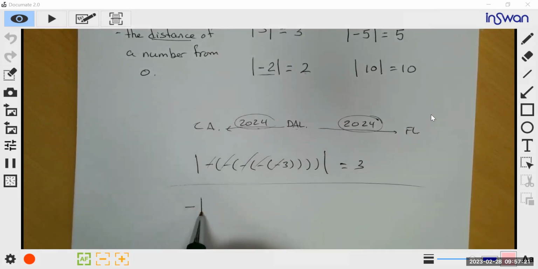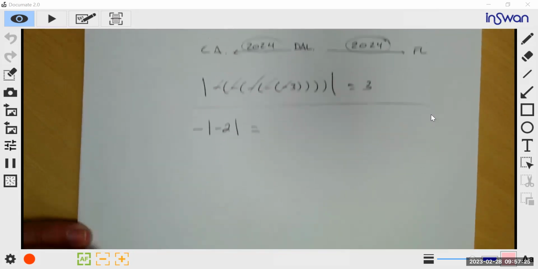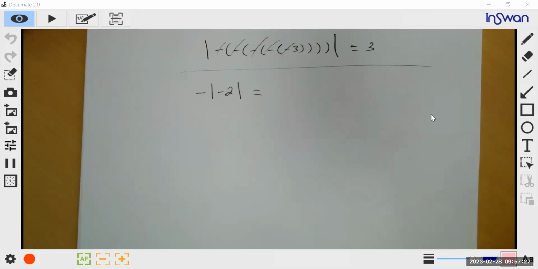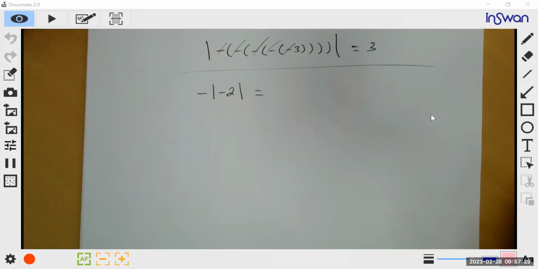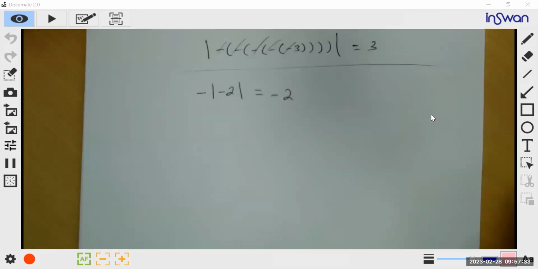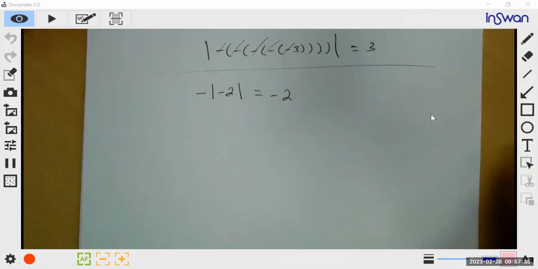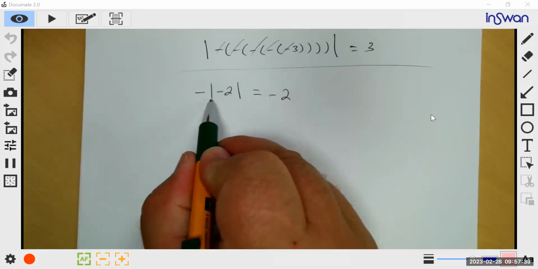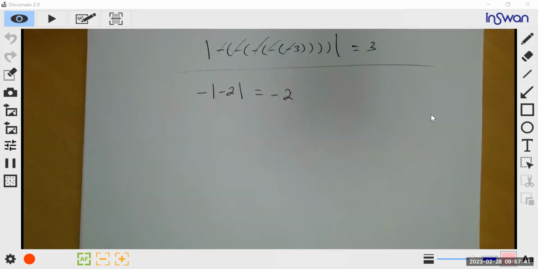How about this? Is it always... Well, no, we're talking about this later in this chapter, the order of operations.